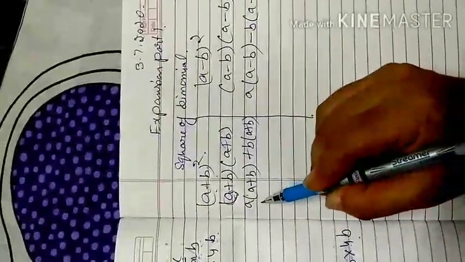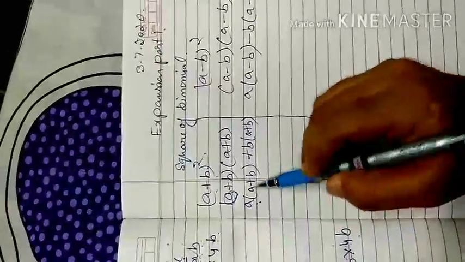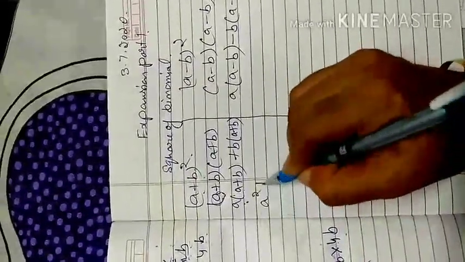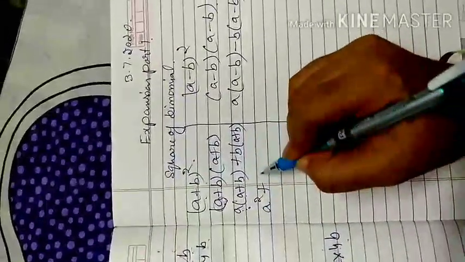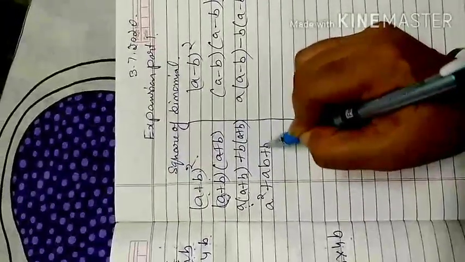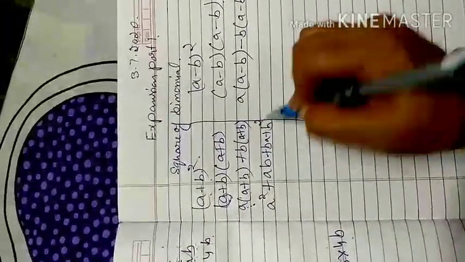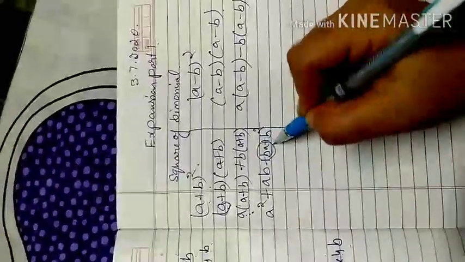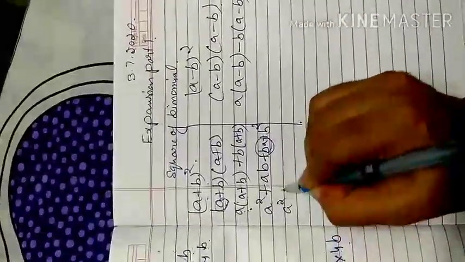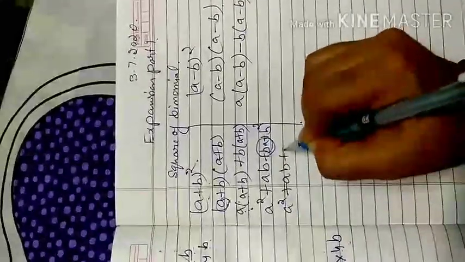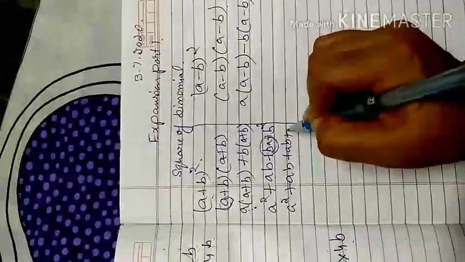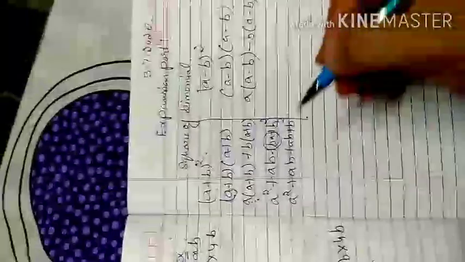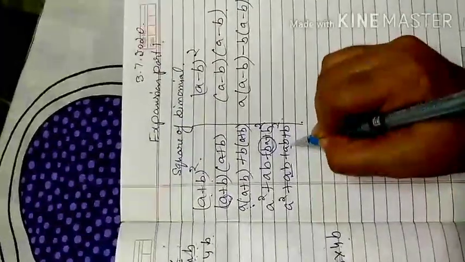So here, first a multiplied with a gives me a square, the next a multiplied by b gives me ab, then b into a gives ba, plus b into b gives b square. This b into a I can also write as ab, because when terms are multiplied you can multiply in any order. So these are like terms.